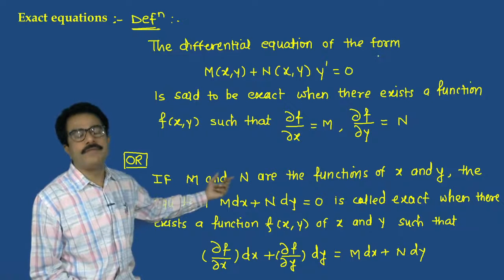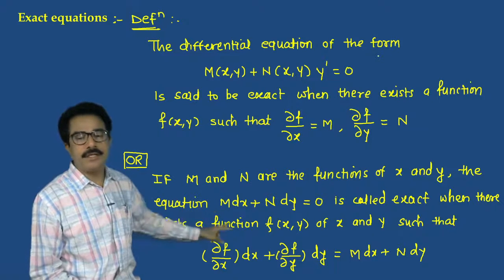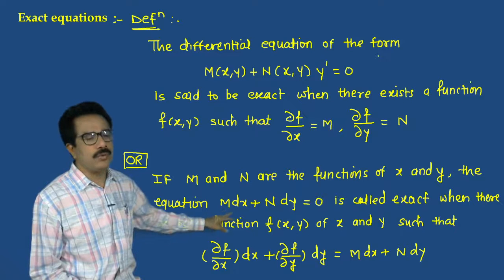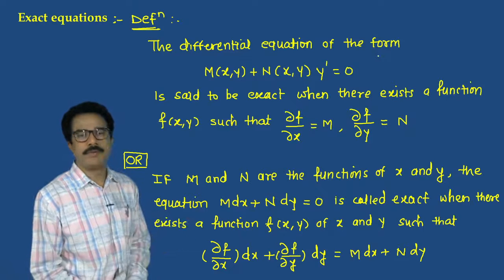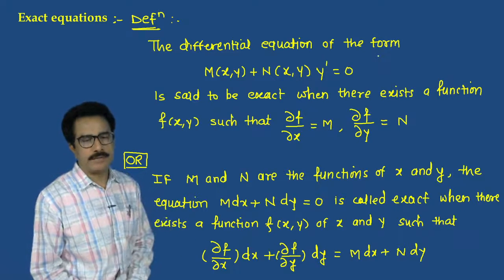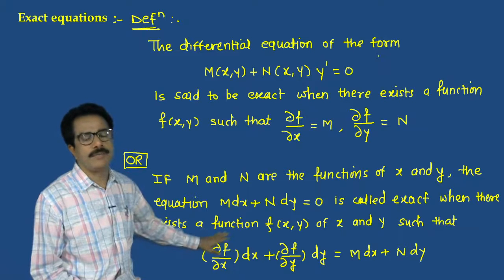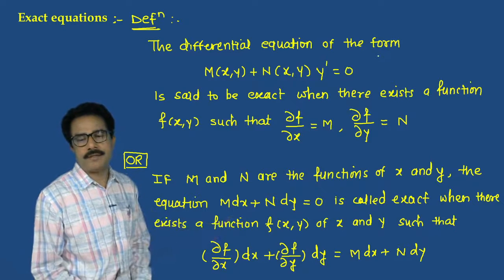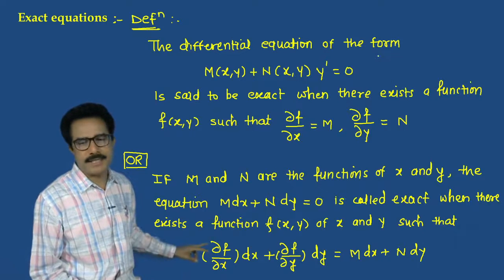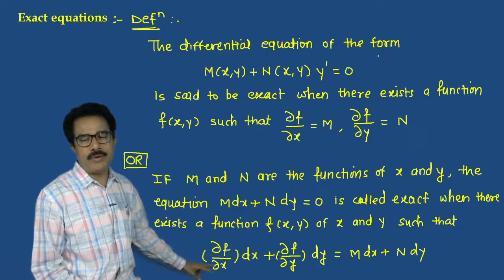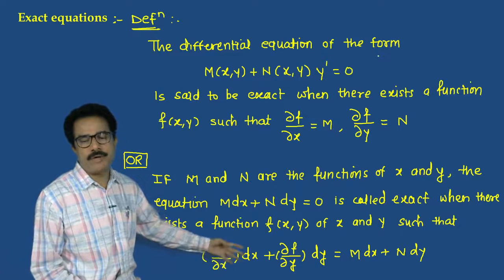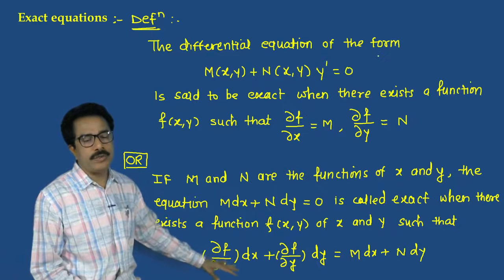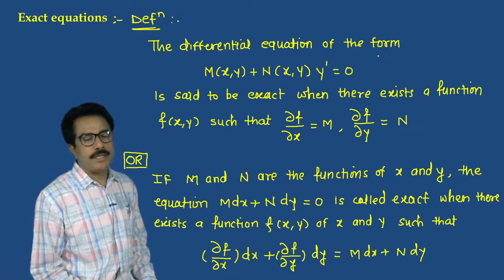If M and N are functions of x and y, then the equation capital M dx plus capital N dy equals 0 is said to be exact when there exists a function f of x comma y such that dou f by dou x into dx plus dou f by dou y into dy equals M dx plus N dy.